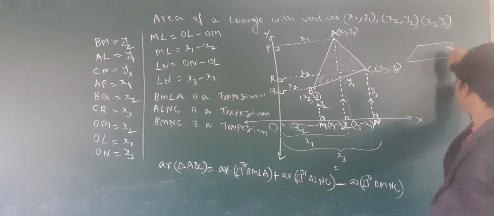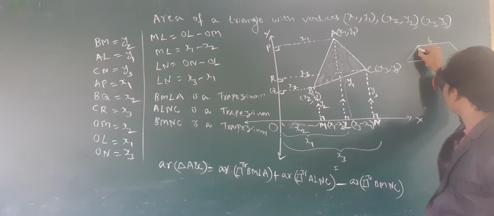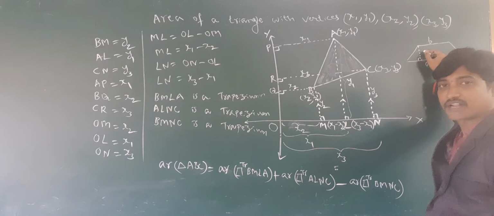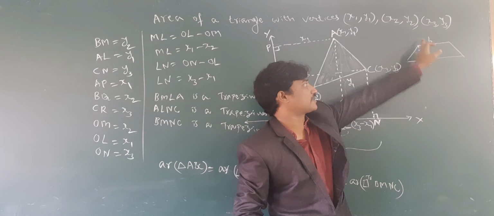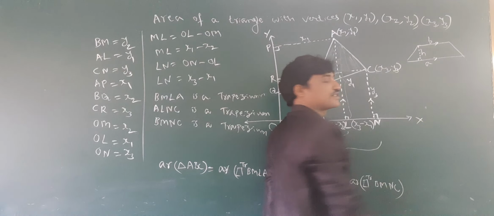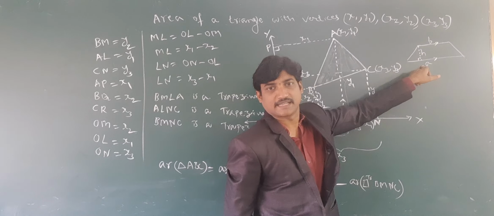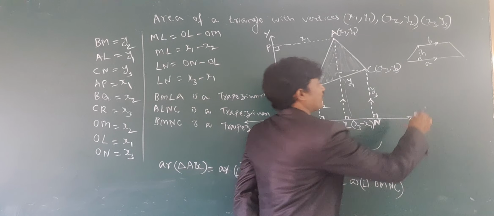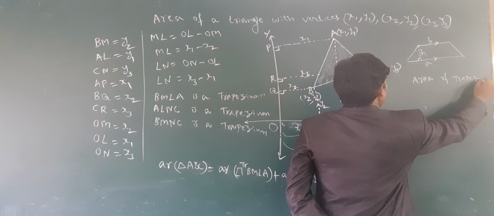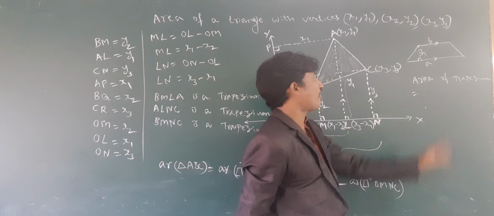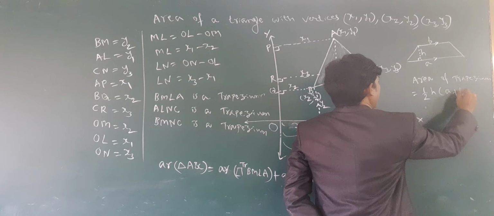If the lengths of the parallel sides are a units and b units, and the perpendicular distance between the parallel sides is h units, then the area of the trapezium is half h into (a plus b) square units.